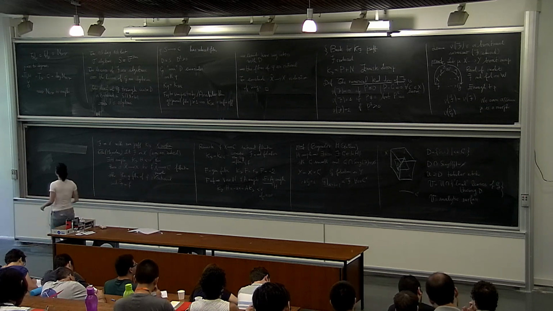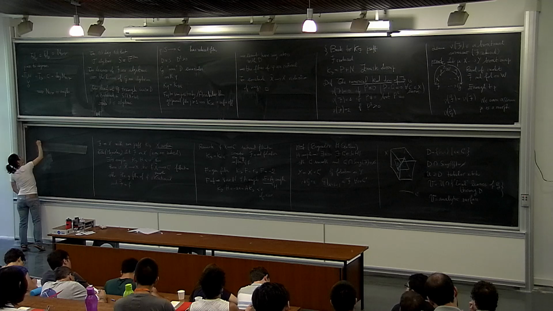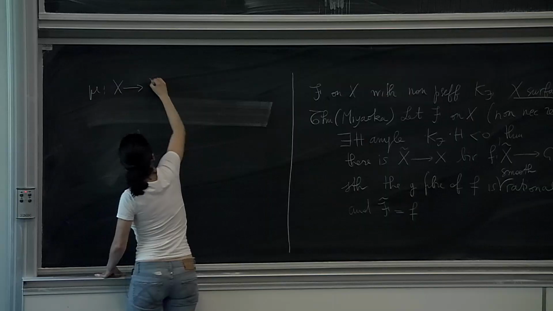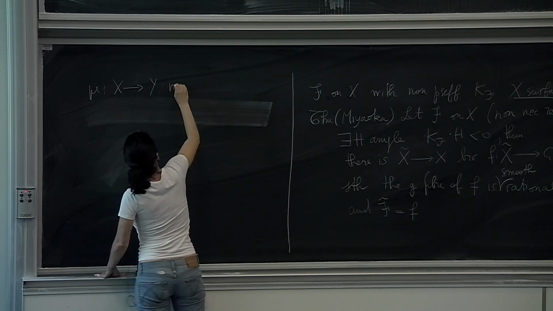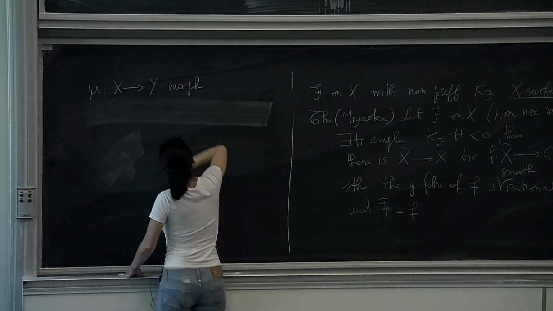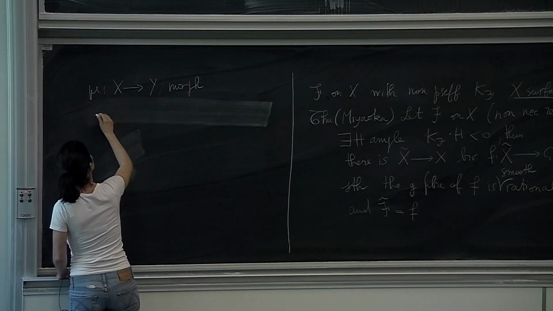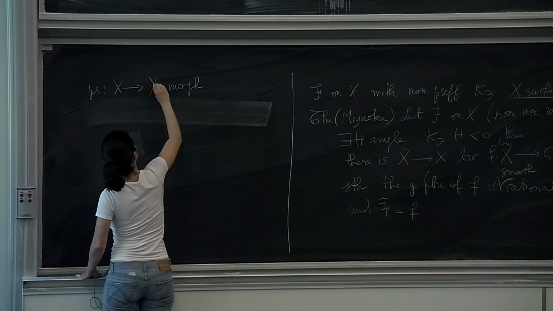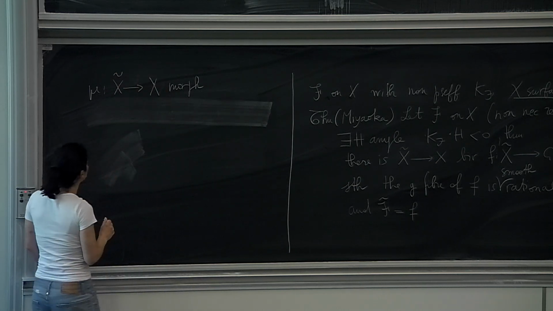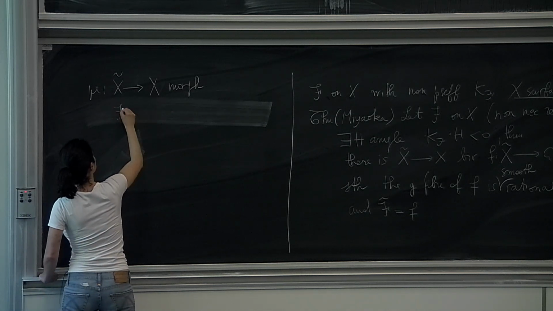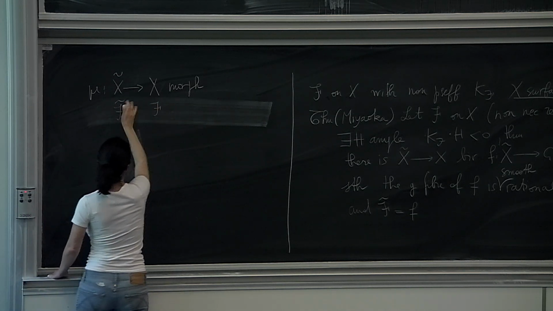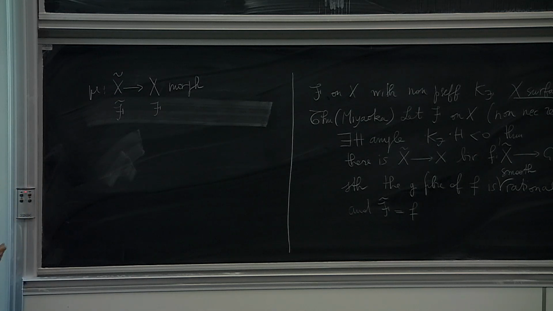And here we have F tilde and F, and F tilde is the induced foliation by F.